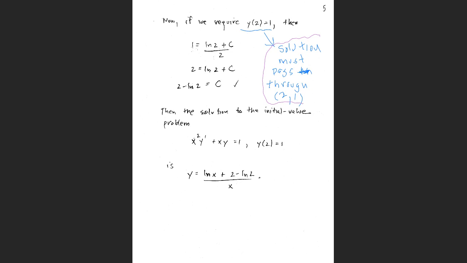So this means when x equals 2, y equals 1. And we can then find a specific value for the constant. And so the solution to the initial value problem, when we determine that the constant is 2 minus the log of 2. Now that's for the solution that passes through the point (2, 1).